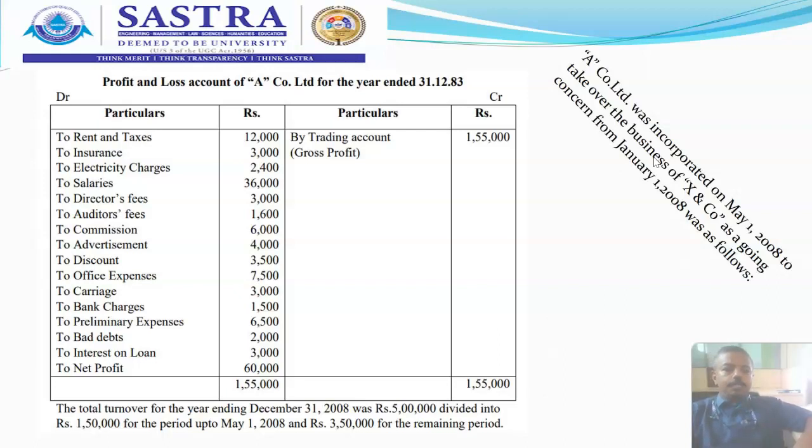So here the list of incomes and expenses is given, and under that they give you some additional information about their sales.